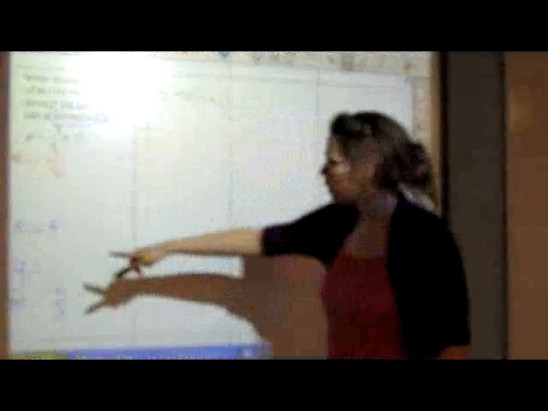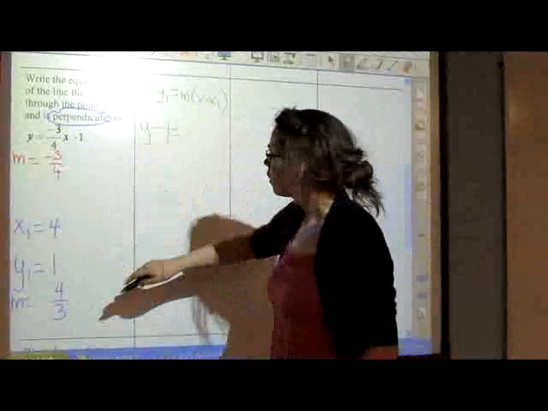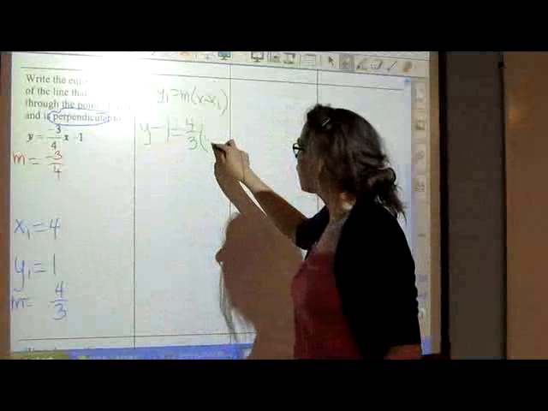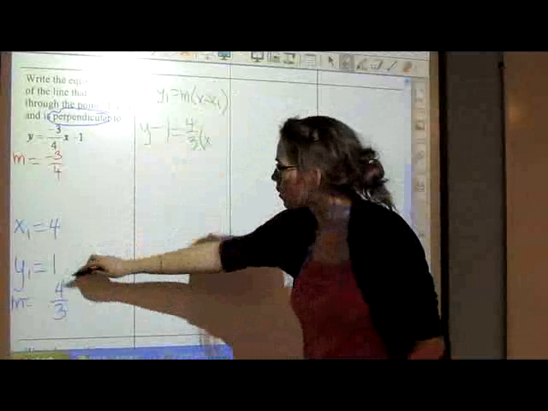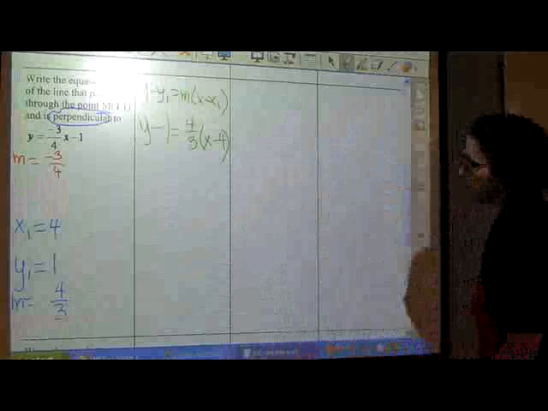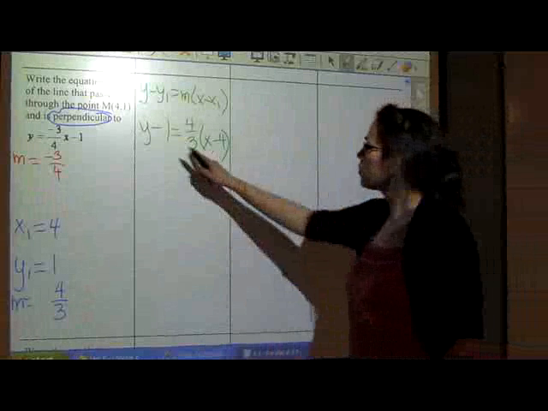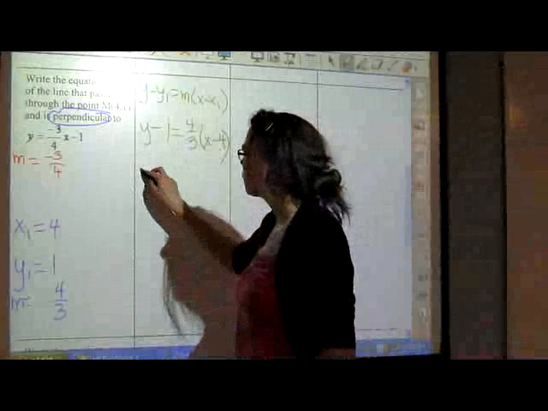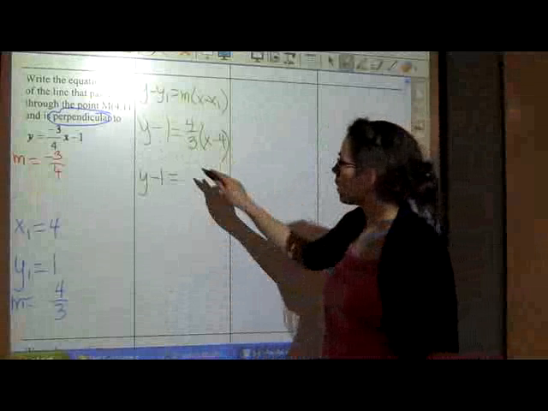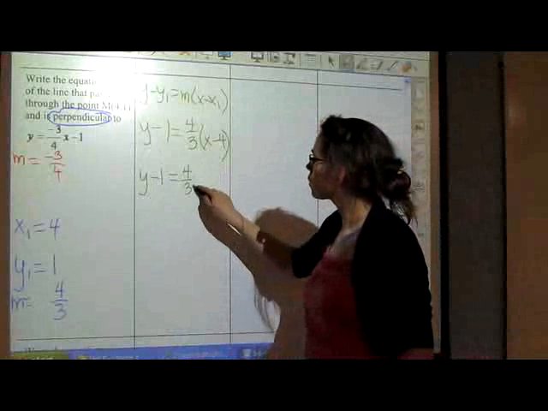My y1 is 1. My slope is 4/3. My x stays as an x. My x1 is a 4. At this point, what I want to do is multiply this 4/3 through my bracket. So y - 1 stays the same. 4/3 times x gives us 4/3 x.